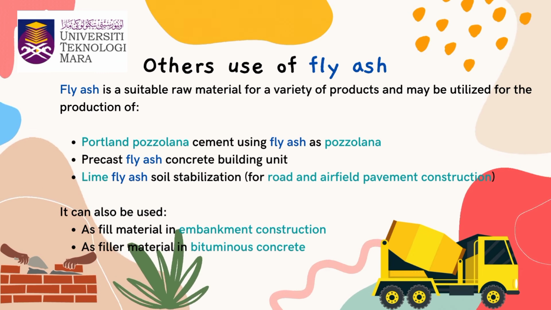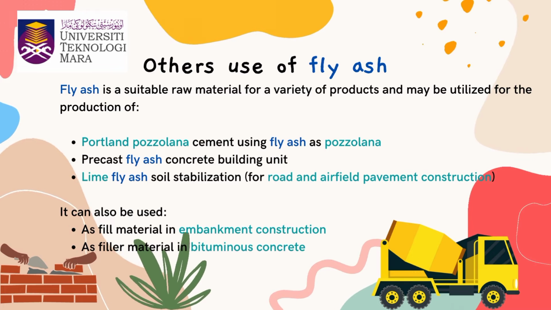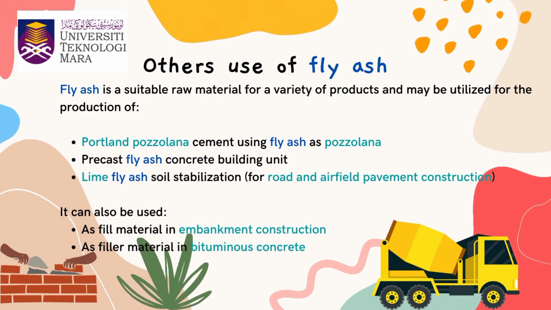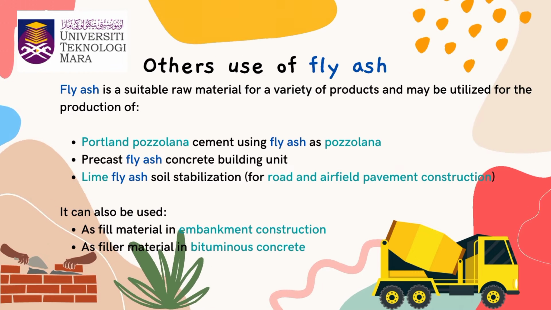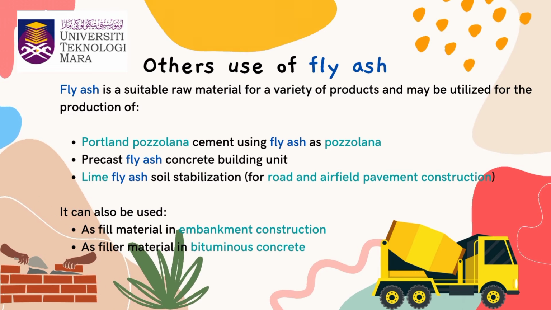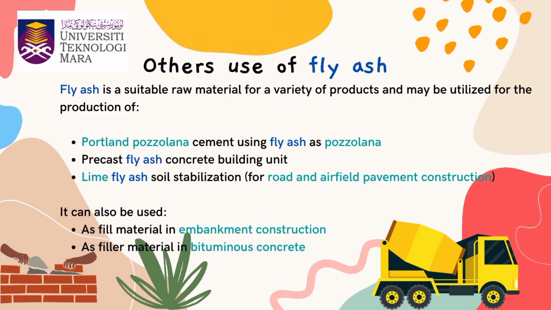Other uses of fly ash. Fly ash is a suitable raw material for a variety of products and may be utilized for the production of Portland pozzolana cement using fly ash as pozzolana, precast fly ash concrete building units, lime fly ash, and soil stabilization used for road and airfield pavement construction.